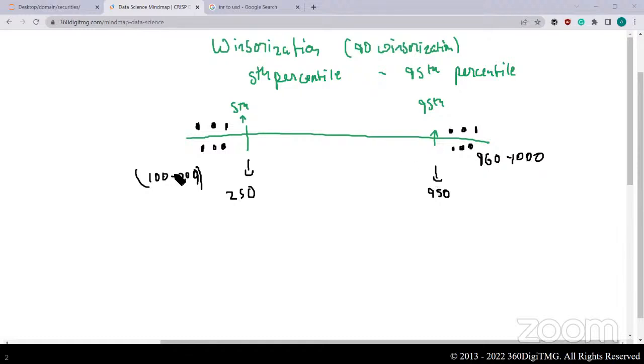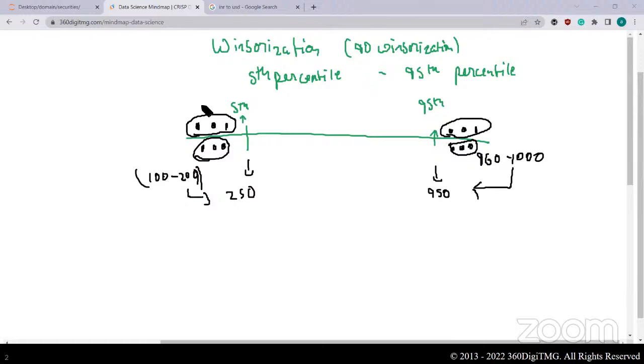So what we'll do is we'll transform these values. These values will also become 950. These values will become 250. So in that way, you're removing 10 percentile values. So you're left with 90 percentile values.